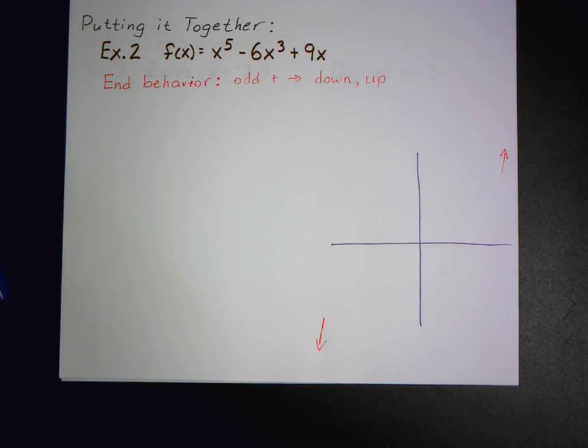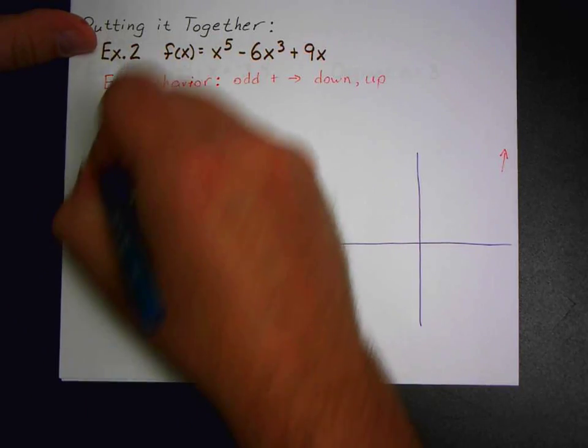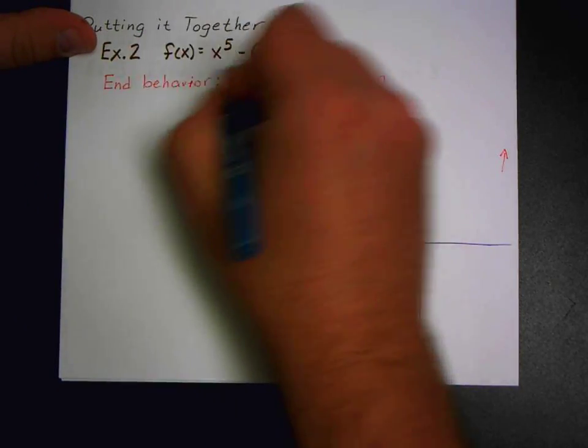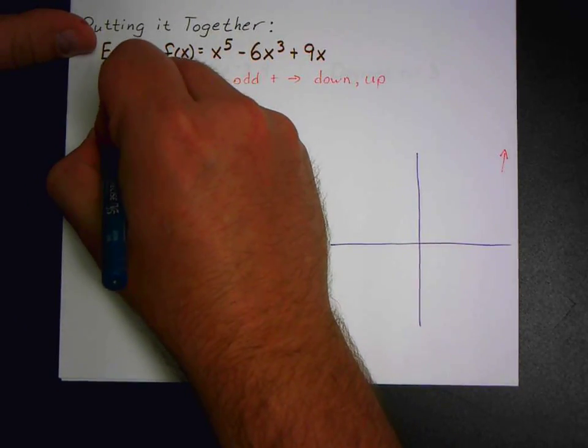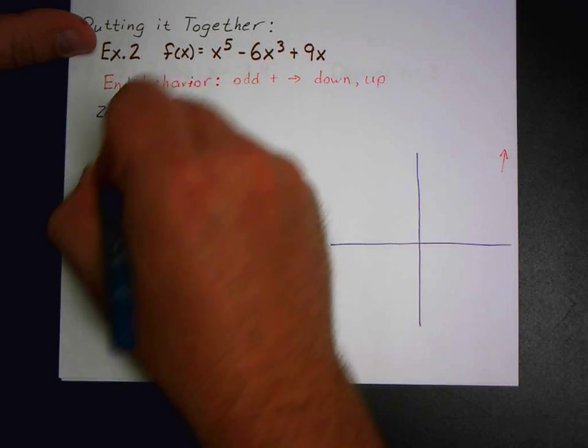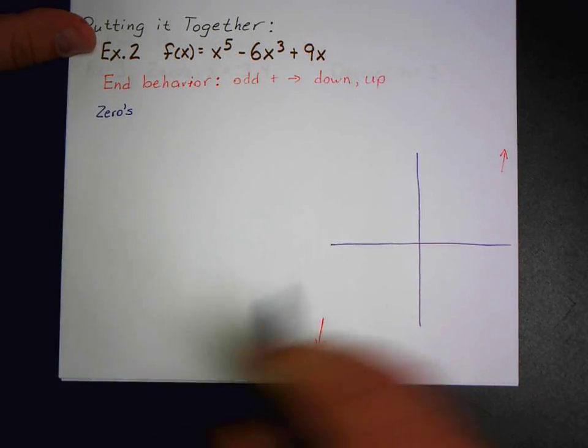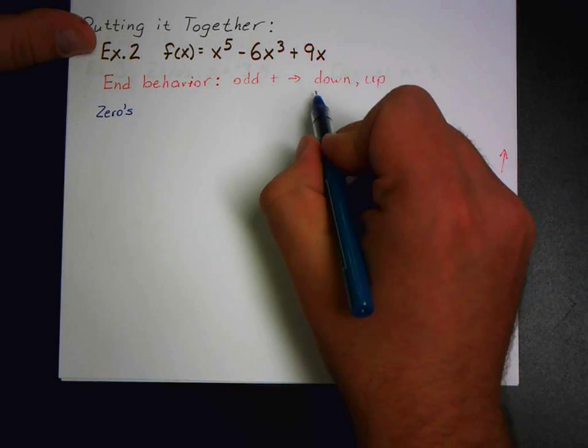Okay, so next step is I need to find my zeros. So I take this and I set it equal to 0. What's the end behavior? End behavior is down, up.